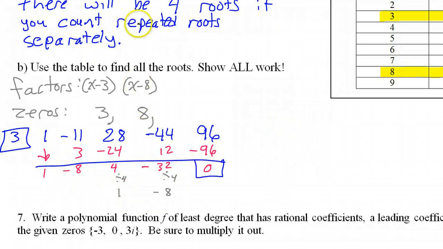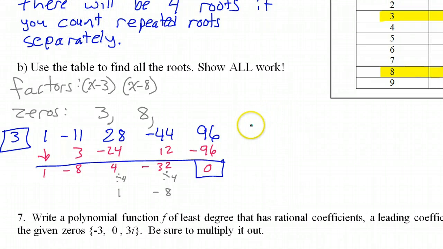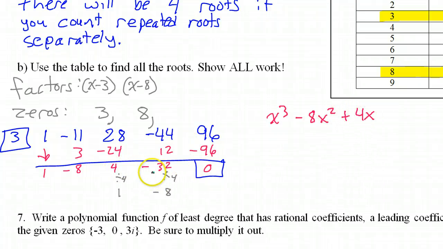So grouping. If I put the variables back in, that's going to be x to the 3rd power minus 8x squared plus 4x minus 32. Okay, a little grouping never hurt anybody.